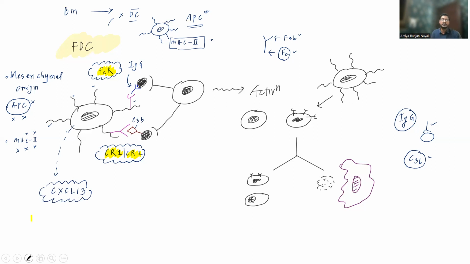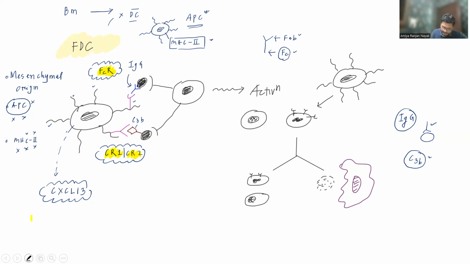This is possible because of various chemokines. Certain chemokines are there in the cortex which can attract the B lymphocytes, so that is why B lymphocytes will populate the cortex. There are certain chemokines present in the paracortical area which can only attract the T lymphocytes. That is why T lymphocytes are populated in the paracortical region.